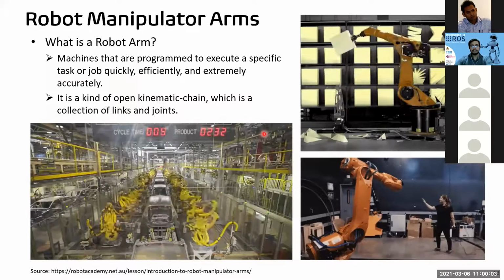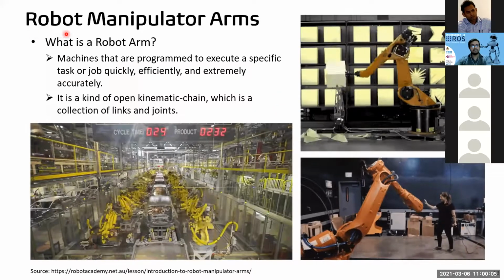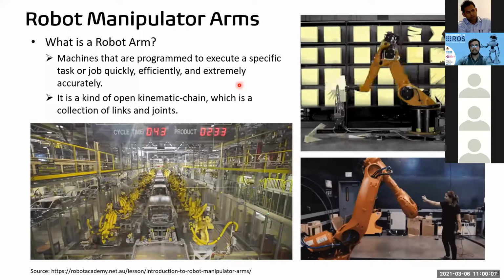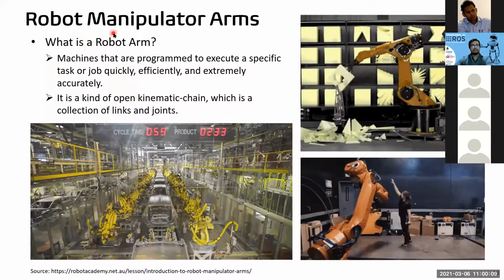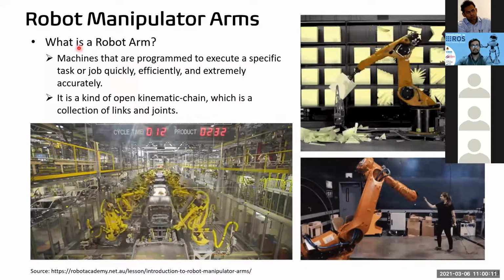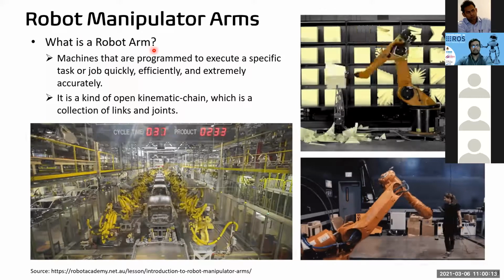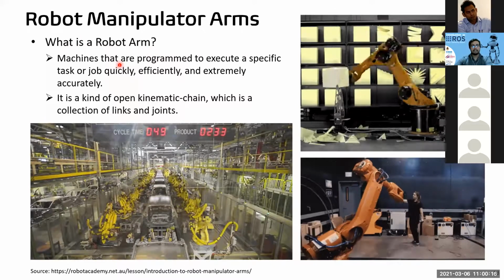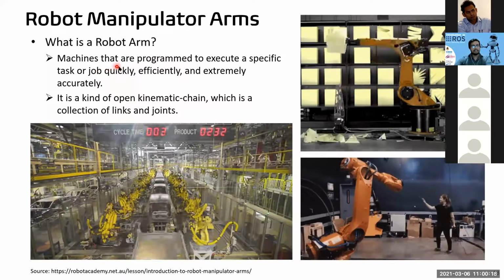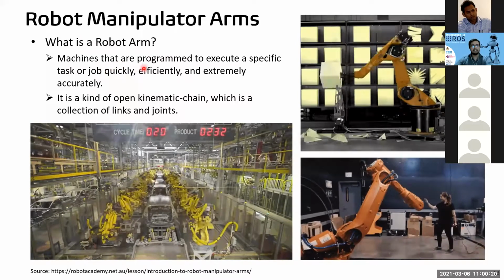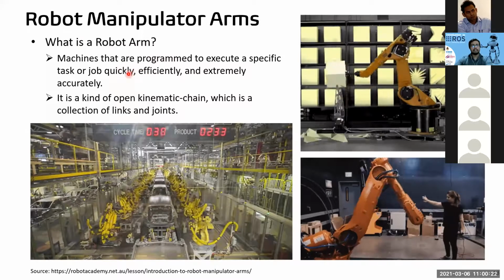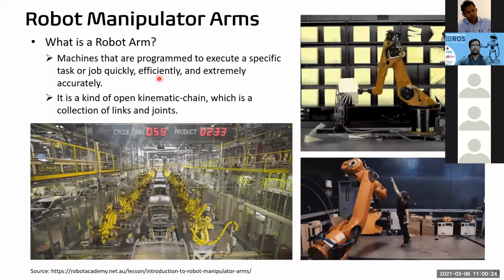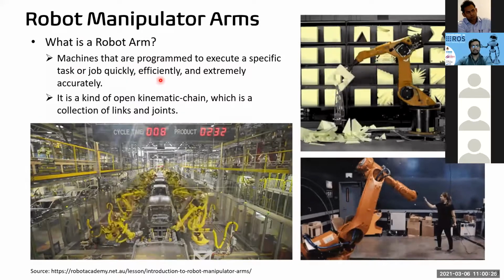Now let's take one other theory, and it's a very important theory if you're a robotics enthusiast, and that is robot manipulator arms. What is a robot arm? We can simply describe a robot arm as machines that are programmed to execute a specific task or job quickly, efficiently, and extremely accurately.